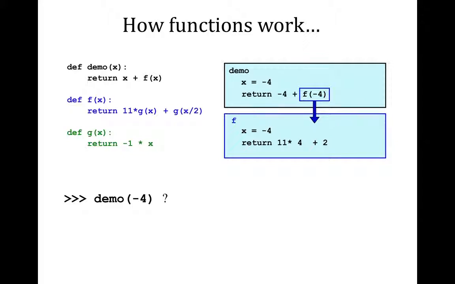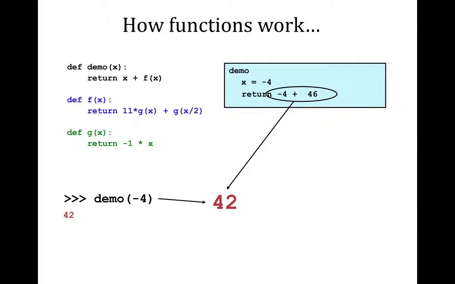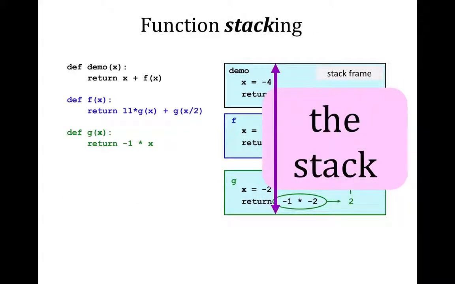Once that's calculated, I return the value back, and the stack frame for f is going to disappear, and I'm finally left with the result for demo, which is 42. And once the demo call returns 42, it also is removed from the call stack. So any values that are used as parameters or returns don't stick around unless you explicitly store them in a variable. And again, this is known as the call stack.